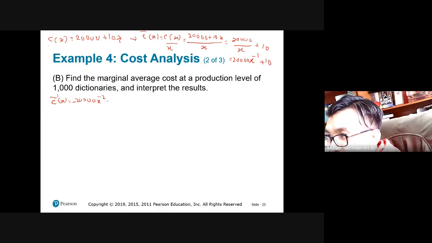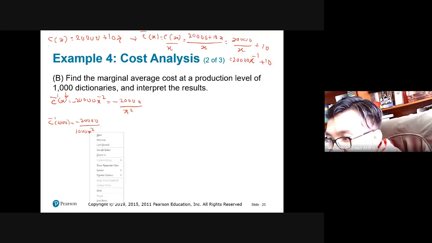And 10 is 0. So we have -20,000 divided by x squared. Now we simply substitute 1,000 here. So we're going to have C bar prime of 1,000 equals -20,000 divided by 1,000 squared.